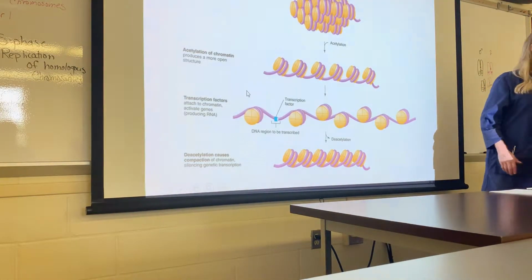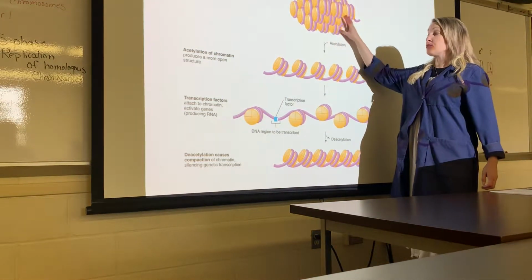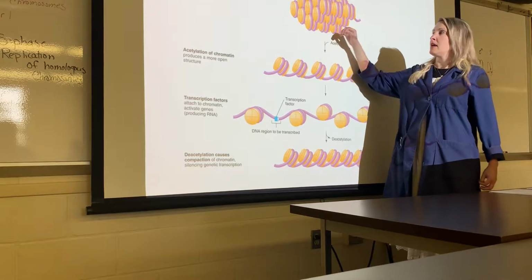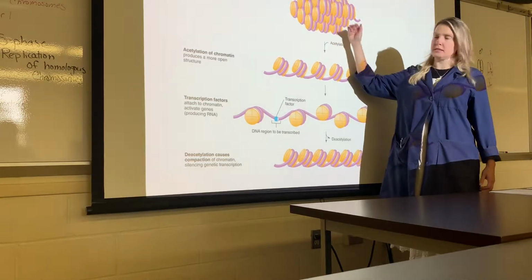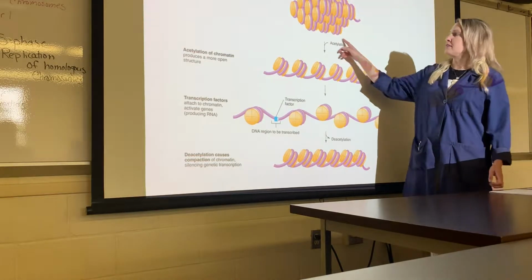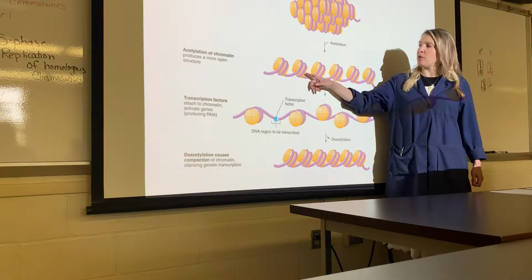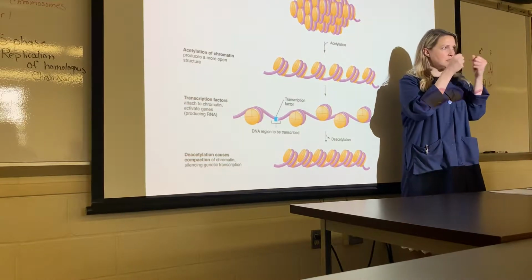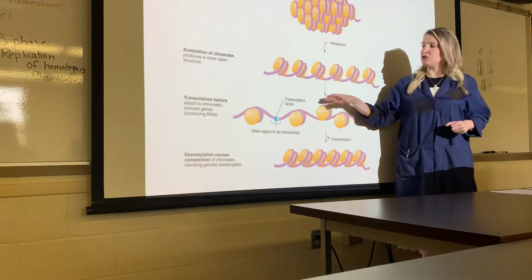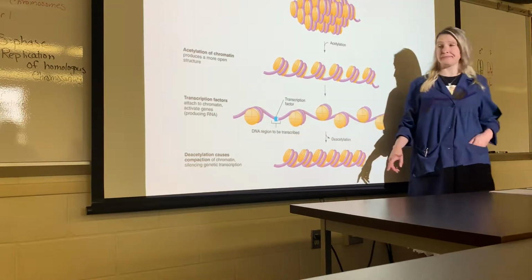So, for example, we can say this is a heterochromatin form here, where the genes are not easily accessed. But then through a process called acetylation, acetylation will open up that heterochromatin a little bit more into the euchromatin form so that the genes are accessible.